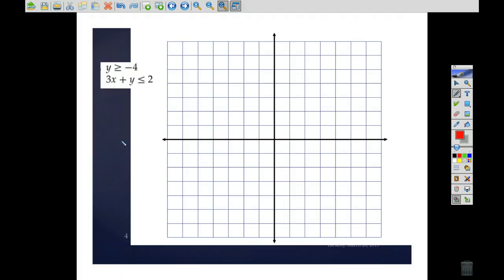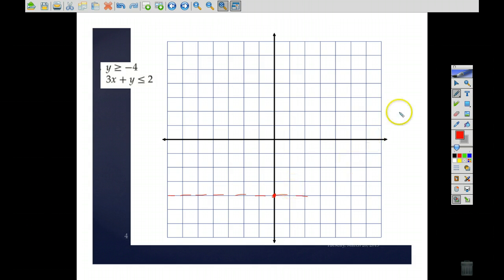Okay, so let's try solving for this one. All right, so we have here y is greater than or equal to negative 4. So you have negative 4, 1, 2, 3, 4, right here, and it is greater than. So the graph y equals negative 4 is this graph here.